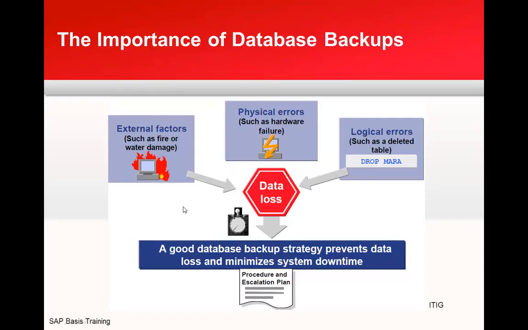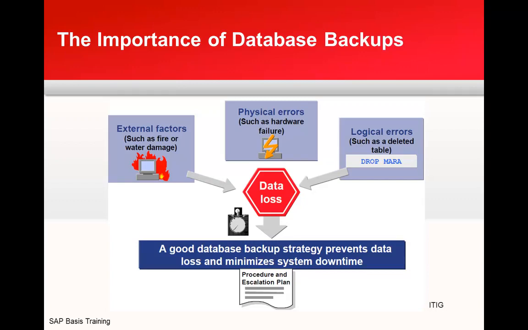What is the importance of backup? Why do we need to take a backup of the system? The reason a backup is required is that, because of external factors such as water damage, the system may be corrupted. Because of physical errors such as hardware failure, there may be data loss.